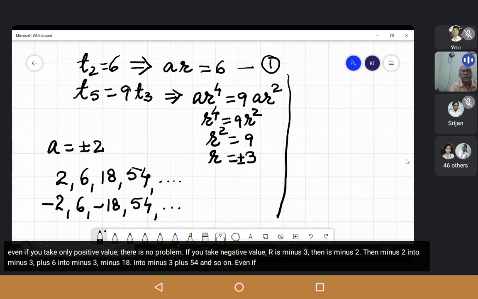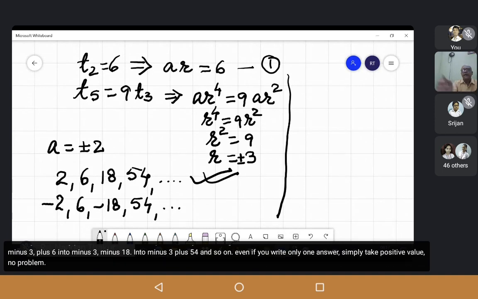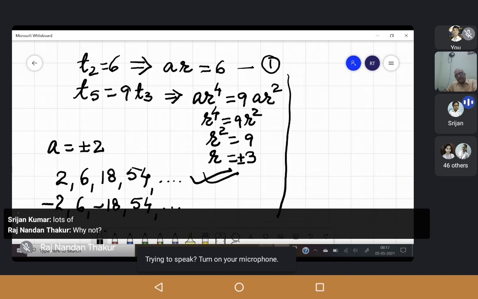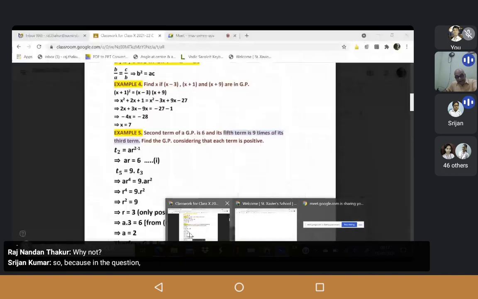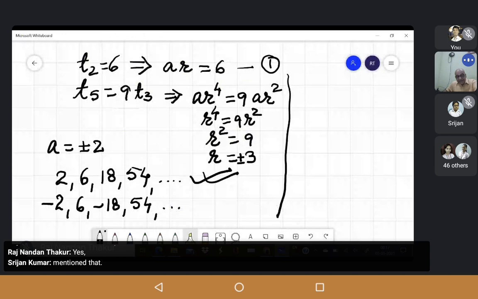Even if you write only one answer, simply take positive value, no problem. Here, in this case, can we take both the values? No, sir. Why not? Because in the question it is mentioned that.